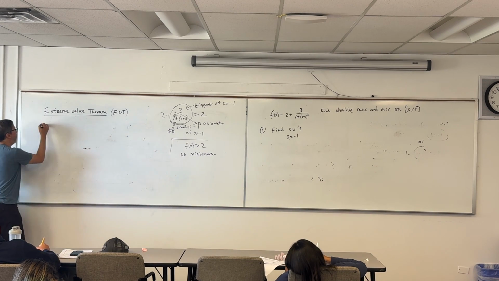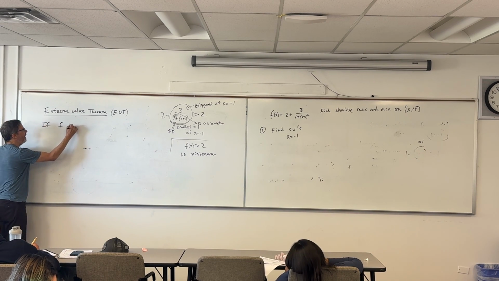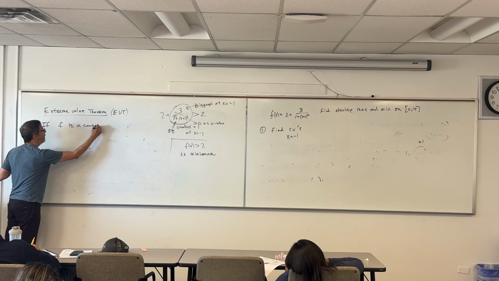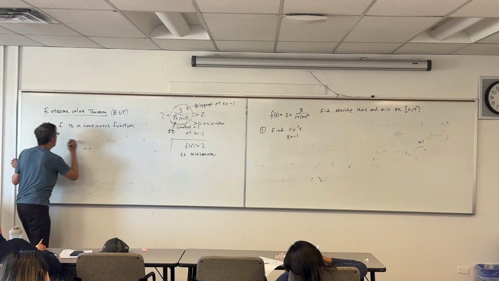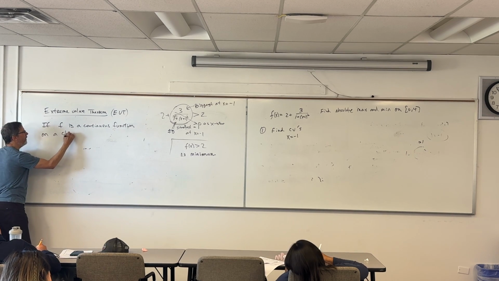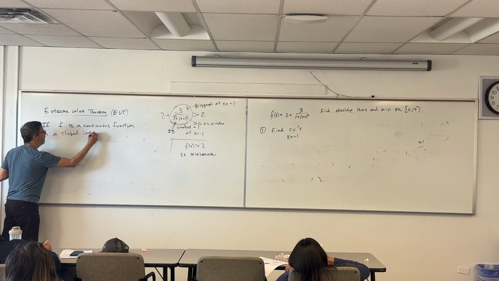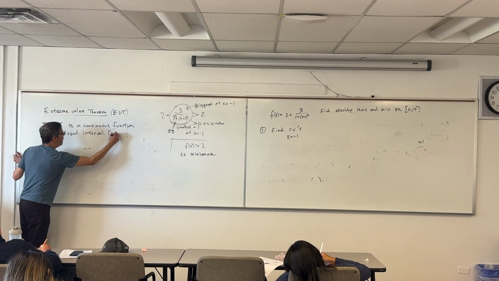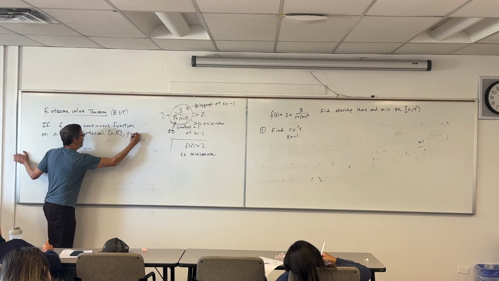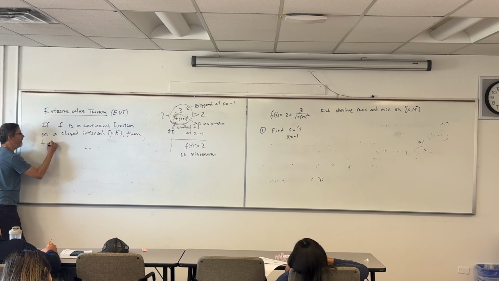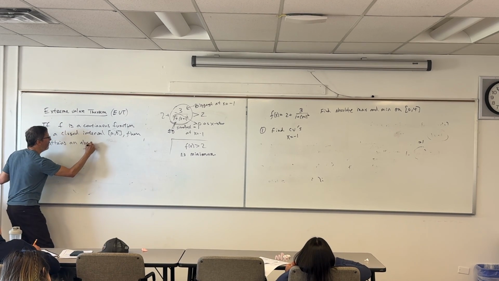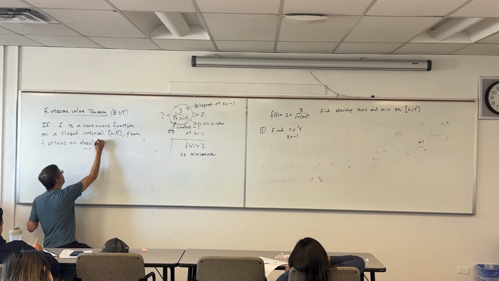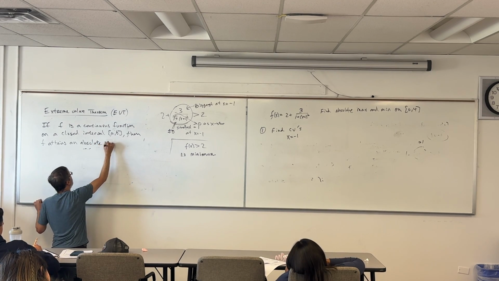The extreme value theorem says if f is a continuous function on a closed interval a to b, then f attains an absolute max and an absolute min on that interval.